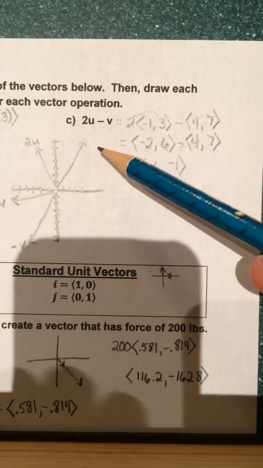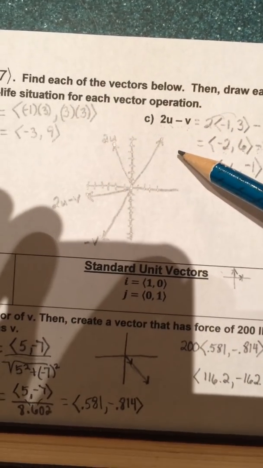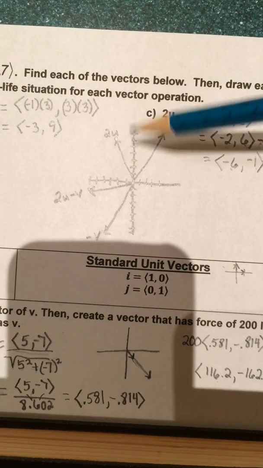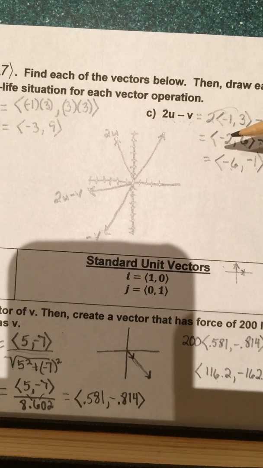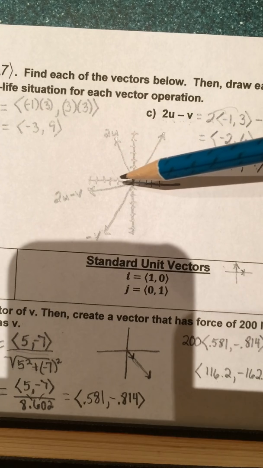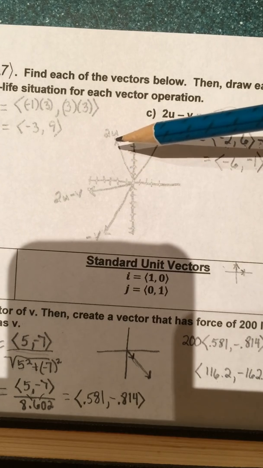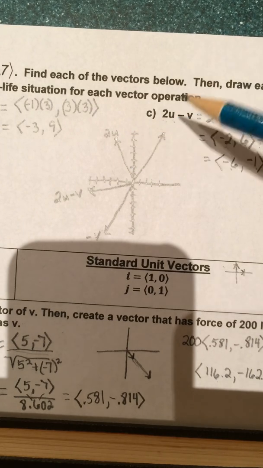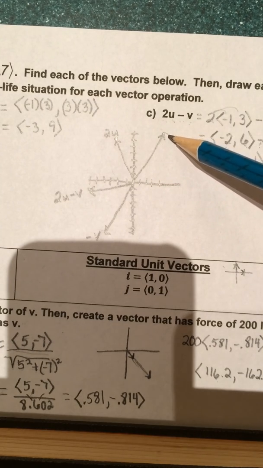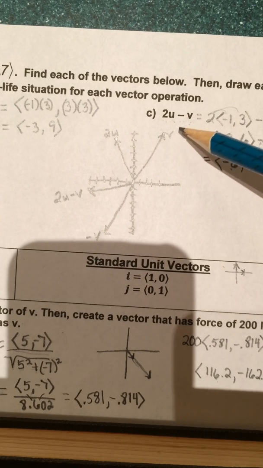A picture of that would look like this. I graphed vector 2u rather than just vector u. Remember, vector 2u was -2, 6. So I graphed that, -2, and then 6 up. There's my 2u. And then vector v would be over here as 4, 7. Well, it wasn't vector v that we used.